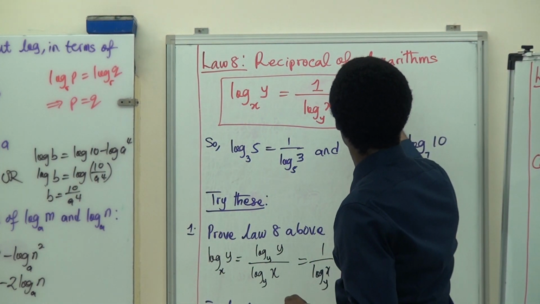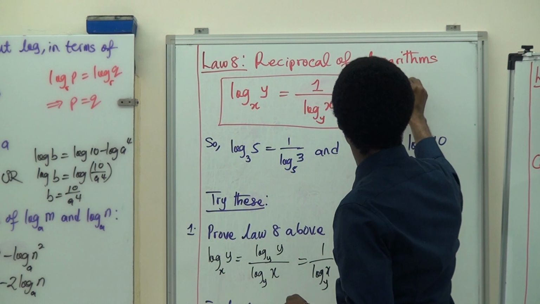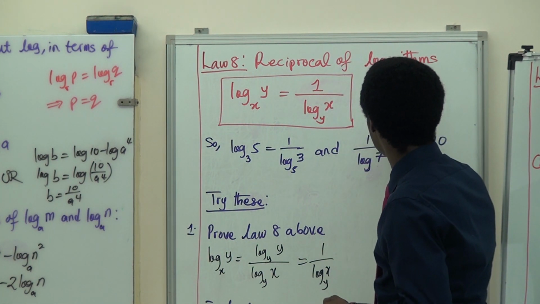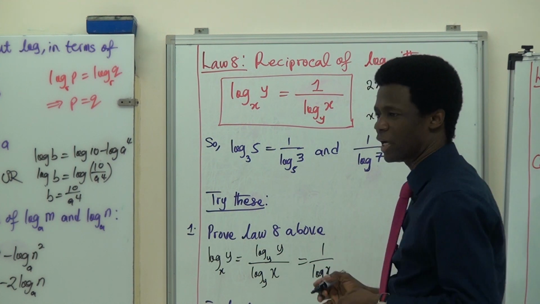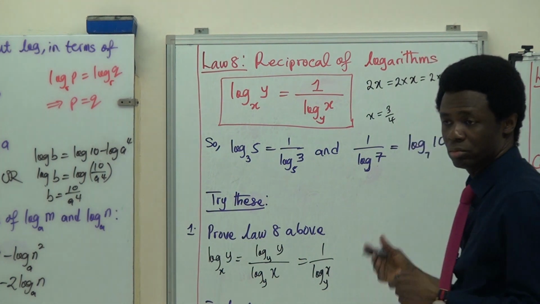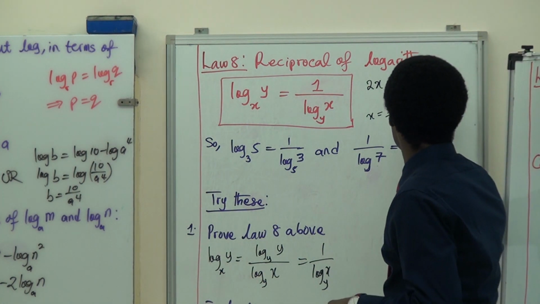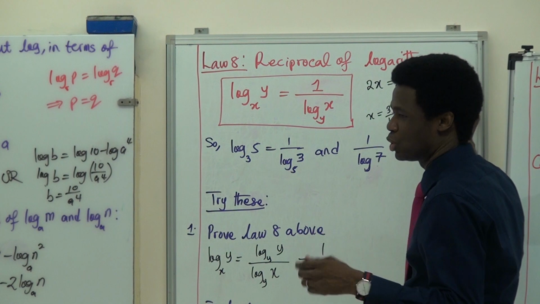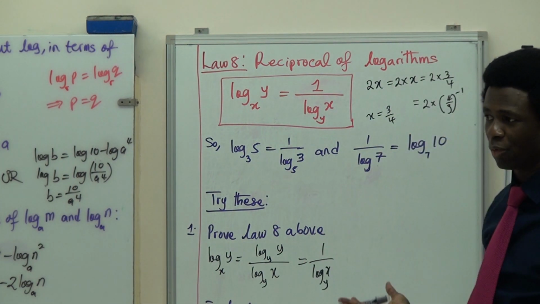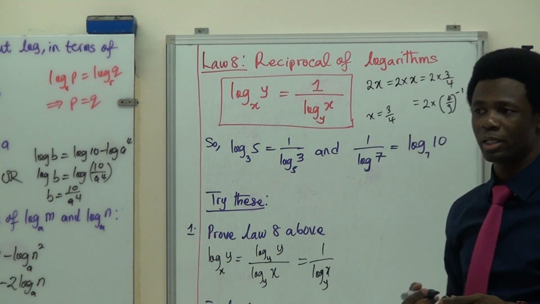So I have here 2x, which is 2 times x. Then you told me your x is actually 3/4 in disguise. So then you write it as 2 times 3 divided by 4, right? Or you decide to say, because you just learned indices in school, 4 divided by 3 to the power minus 1. That's your business. You do whatever you want, as long as 2 maintains its position.